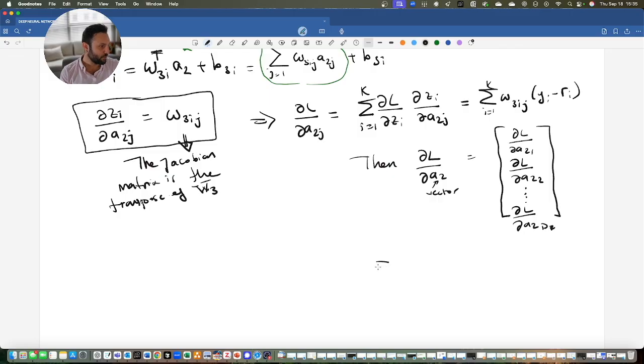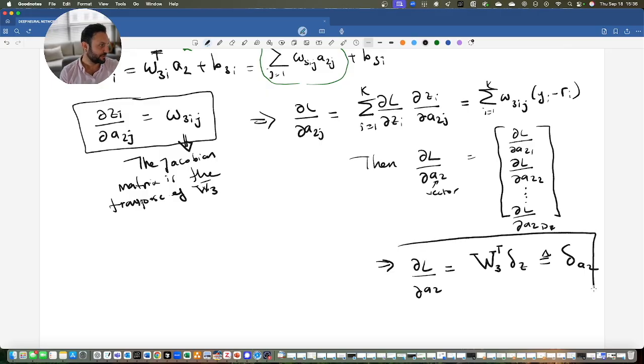If I have all of them here and make this a vector, I will have nothing but the transpose of this W3 matrix multiplied with whatever comes to it. And I have a definition for it, so that's my delta A2.